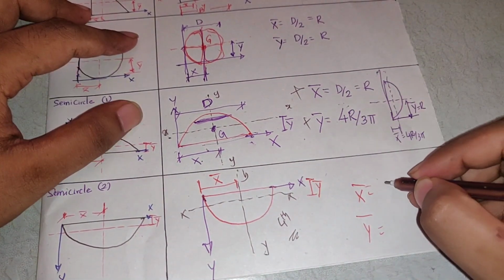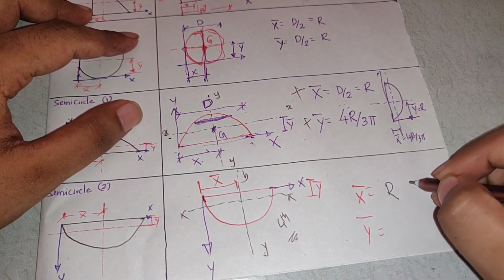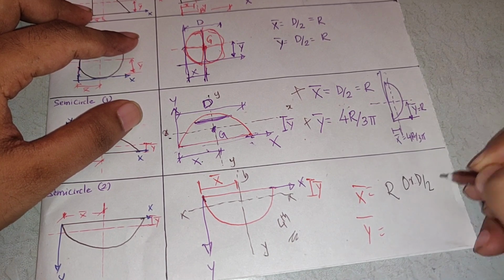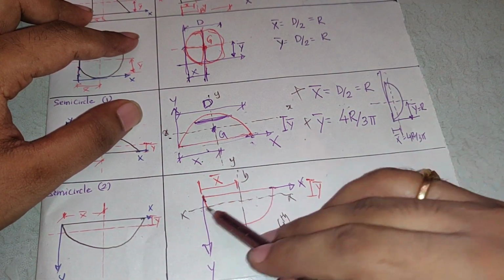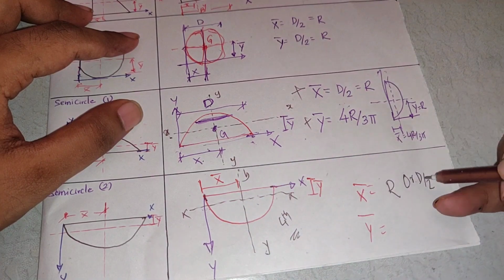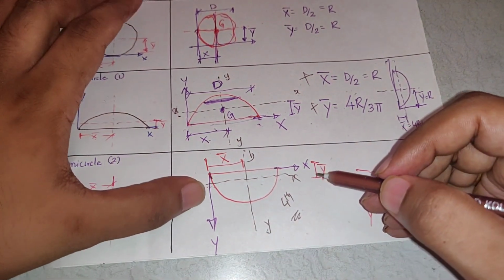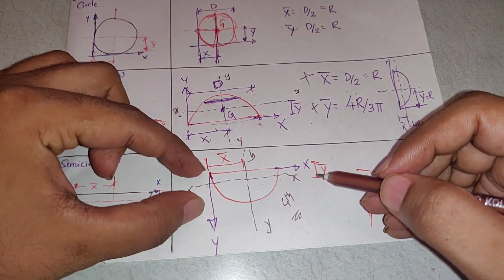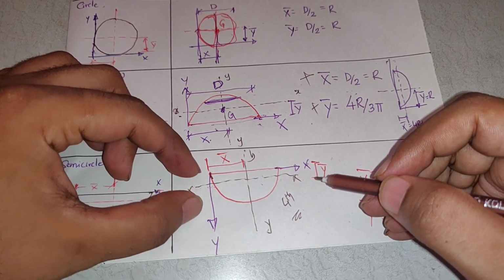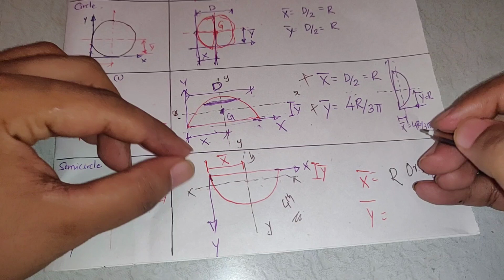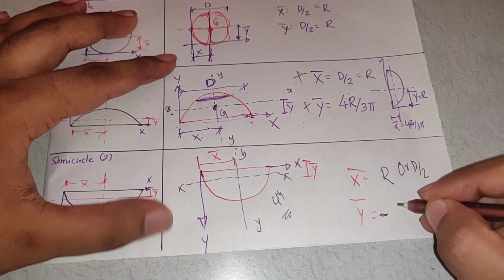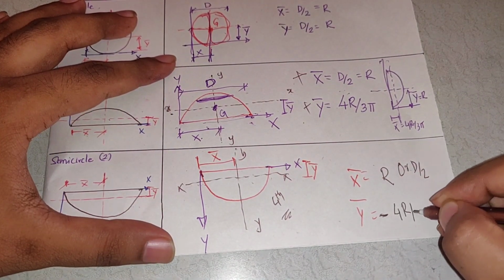It is directly r, or d by 2, since it is symmetric about the y axis. What about y bar? It is unsymmetrical about the x axis. If this complete length is r, then this value is minus 4r by 3 pi.